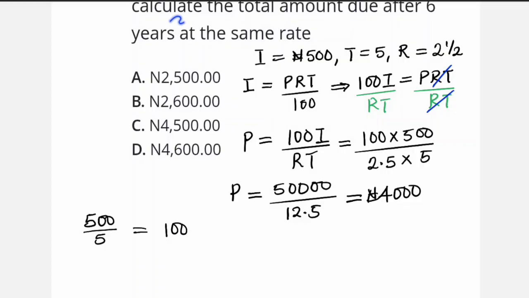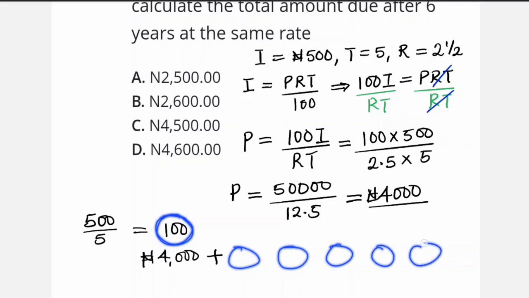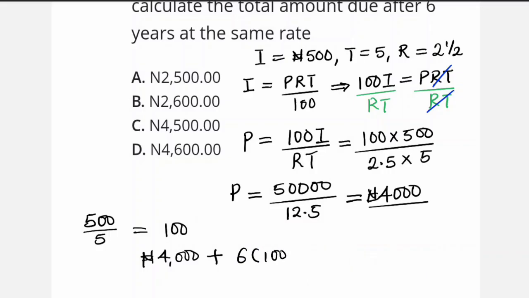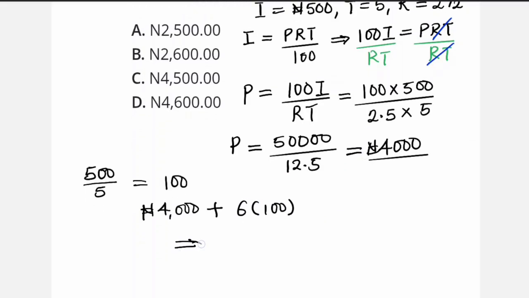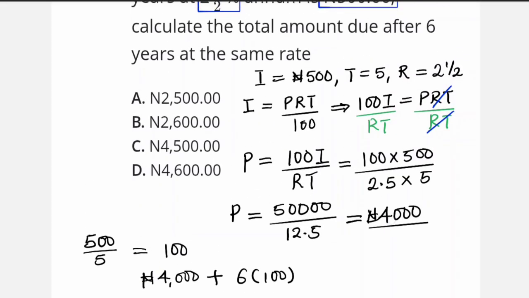So the principal, which is 4,000, plus this 100 naira for each of the 6 years will be added up. That is 6 times 100, which gives us 600, and 600 plus 4,000 gives us 4,600 naira, which is option D.